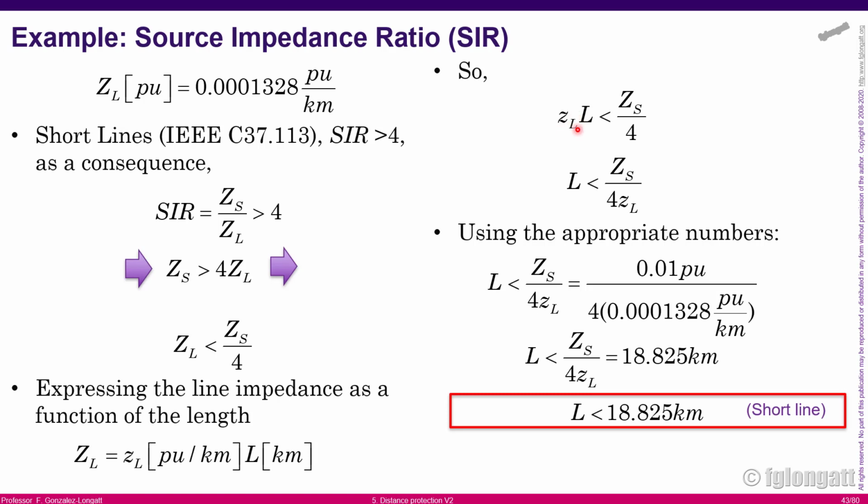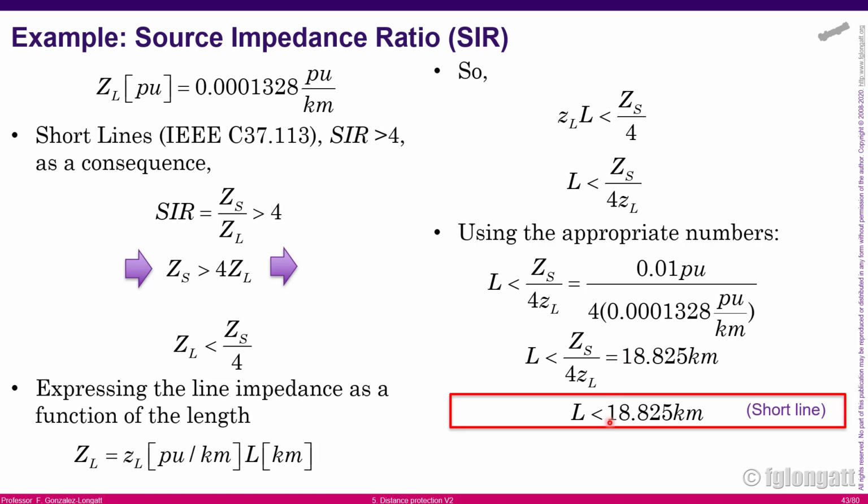When we put this equation into the other, we can identify that a transmission line will be short if its length is below the source impedance divided by 4 times the line impedance in per unit per kilometer. Now, when we put the numbers together, this is the interesting result.